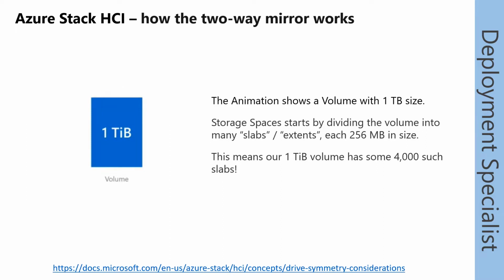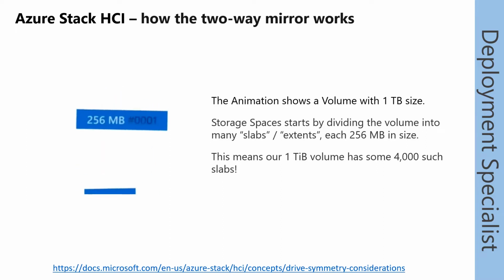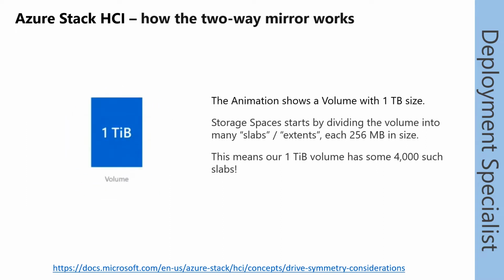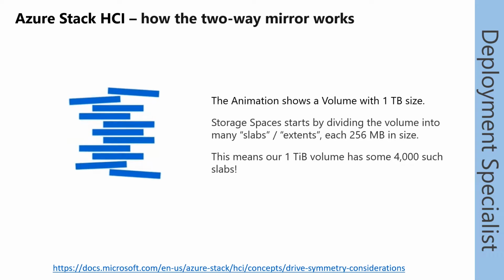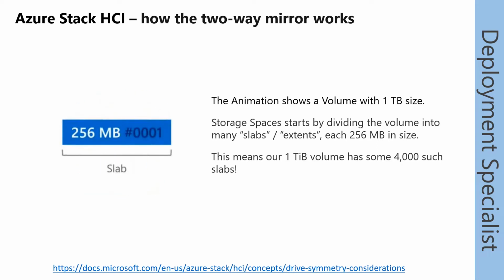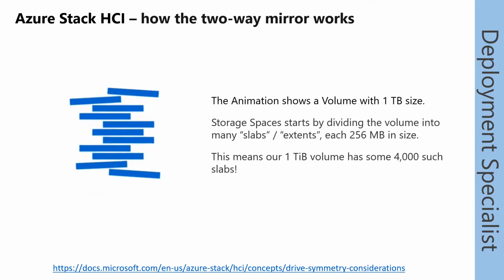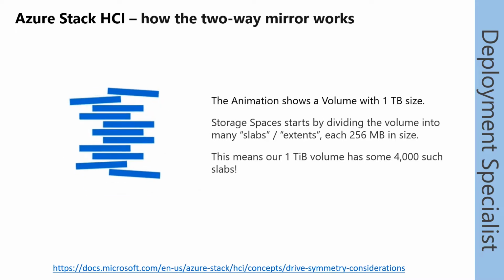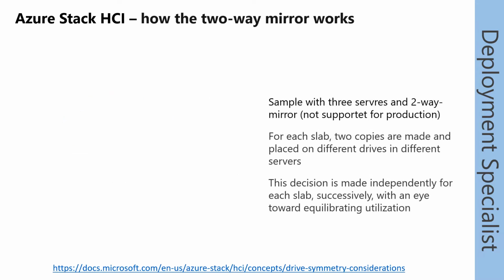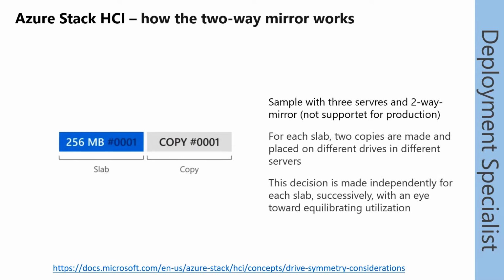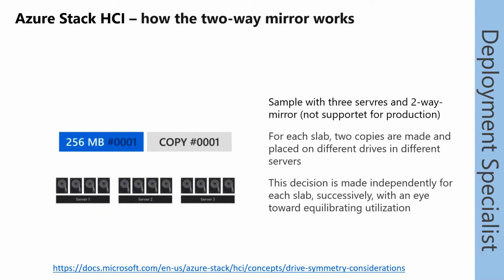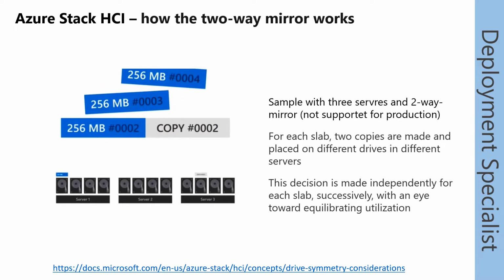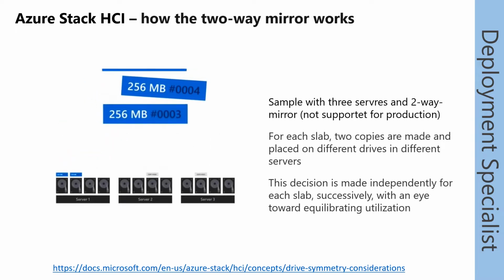Here, for example, 1 terabyte in size, and this volume is cut into slabs of 256 megabytes. So a 1 terabyte volume has something like 4,000 of these slabs. These slabs are copied to ensure that we have the redundancy based on the redundancy level.